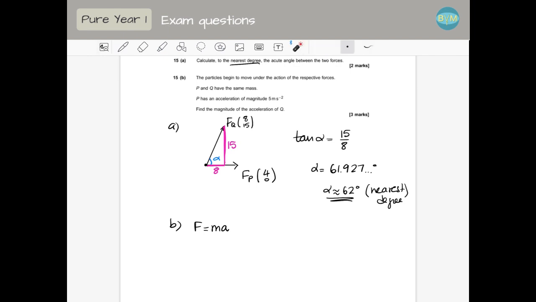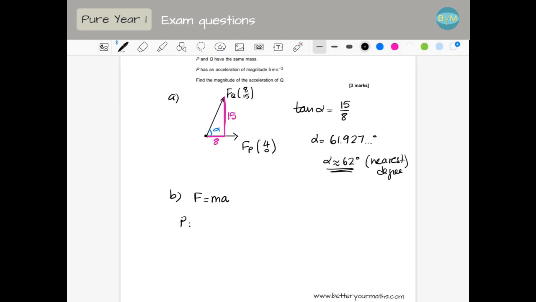So we have this force for Q. We need to find the acceleration. To find the acceleration, we need the mass, and we can use P to find the mass because they give us the acceleration of P. So if we apply the equation to P, we have that FP is the mass, which is the same for both of them, times the acceleration of P. So I'm going to find the magnitude of force P, which is 4 in this case, because it's the square root of 4 squared plus 0.